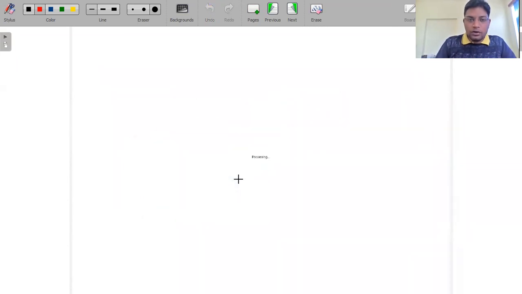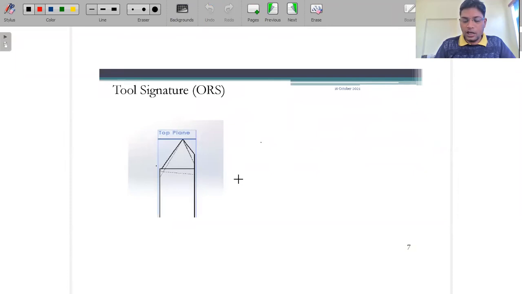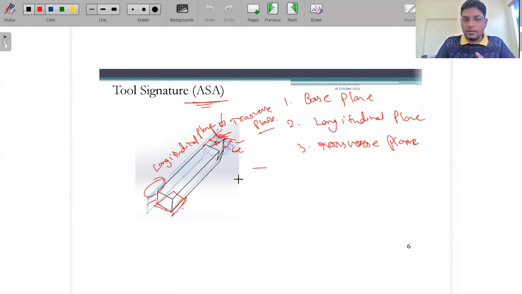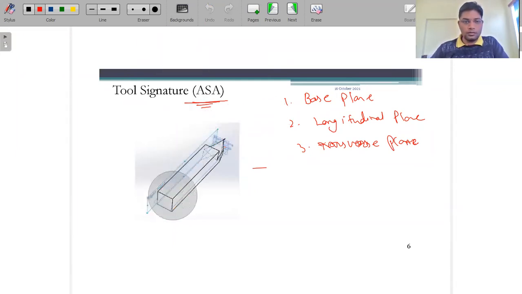If we talk about the ORS system, the tool is the same, in the base plane only, so the base plane is the same.